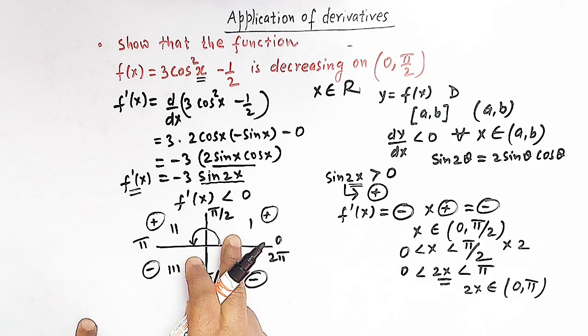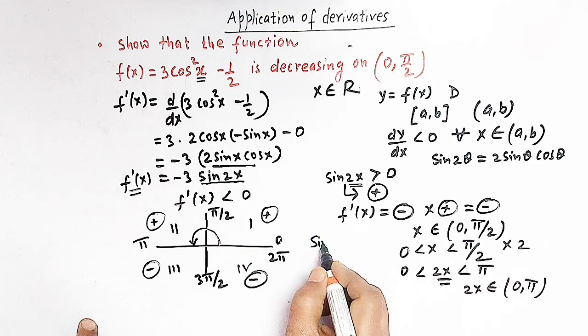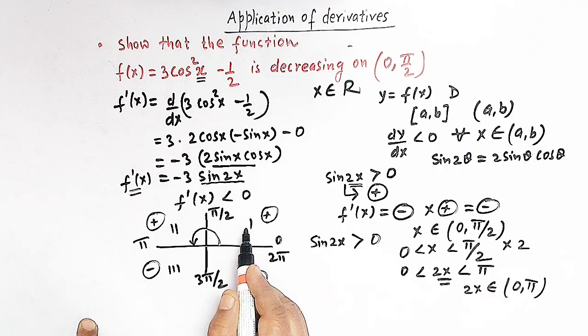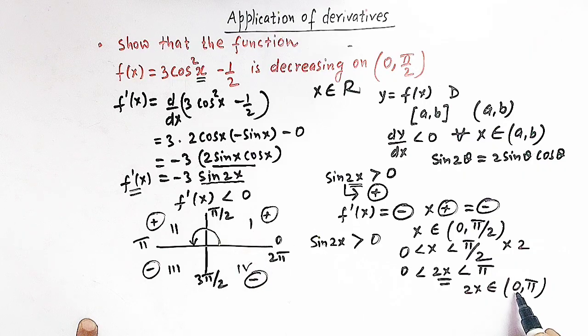So now we can conclude that sine 2x is greater than 0 when 2x belongs to 0 to pi. That is, sine 2x takes the value either in the first quadrant or in the second quadrant, right? So here the angle 2x belongs to 0 to pi.